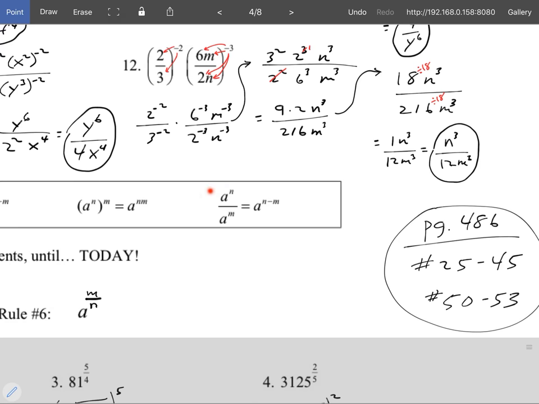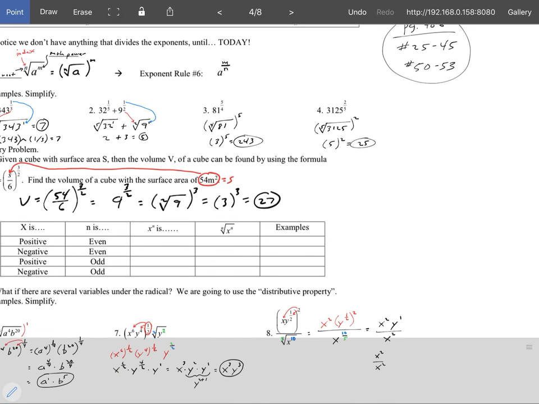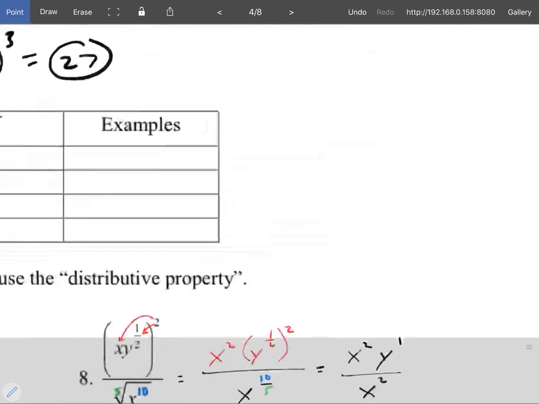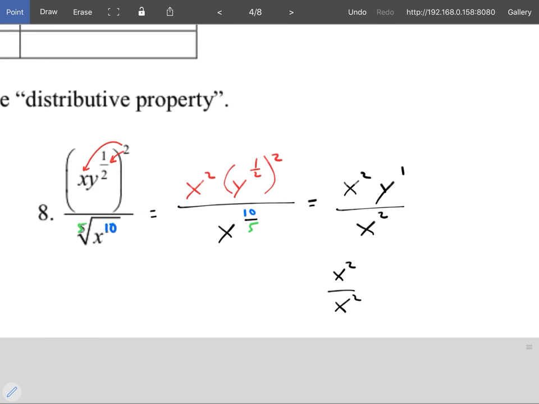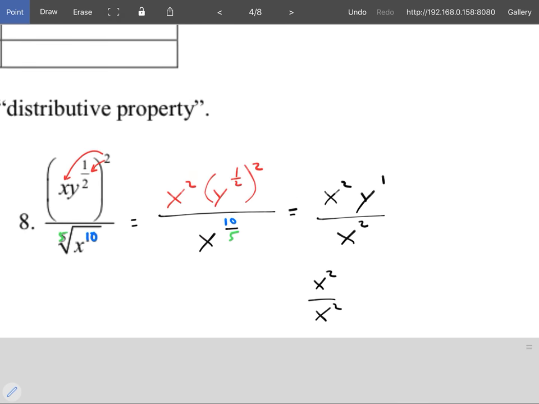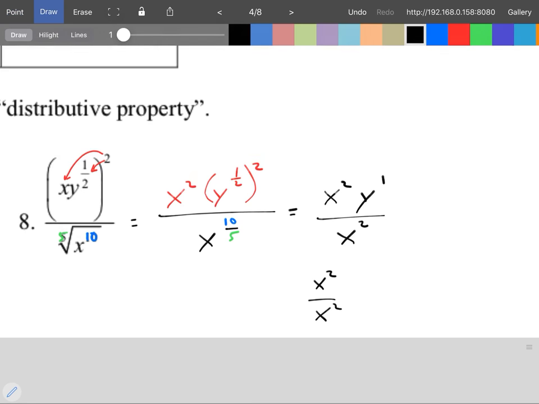So when you're dividing with like bases, you take the numerator power minus the denominator power. So if you do that on the one we were doing right now, this would be x to the numerator power minus the denominator power. Well, that would just give us x to the 0 power.